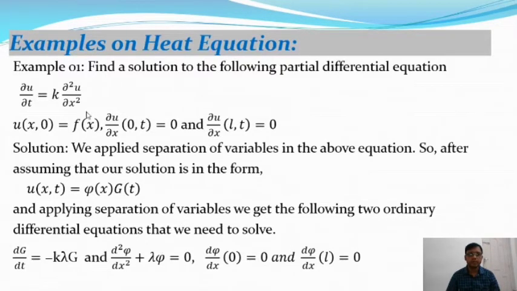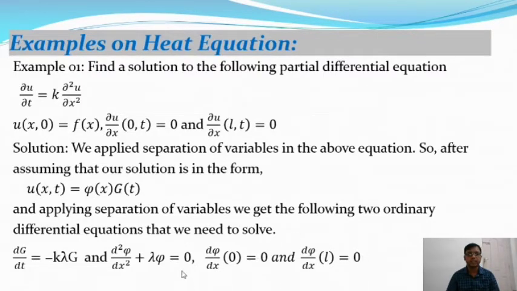From this we get dg by dt is equal to minus k into lambda into g, and from the right hand side, d2 phi by dx2 plus lambda into phi is equal to 0, where the conditions are d phi by dx of 0 is equal to 0 and d phi by dx of l is equal to 0.